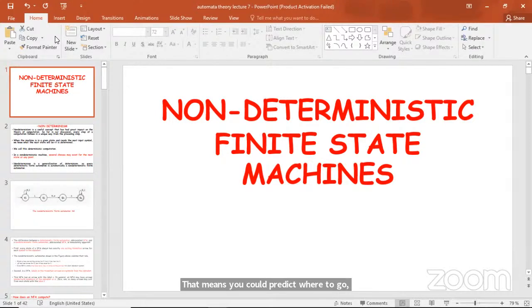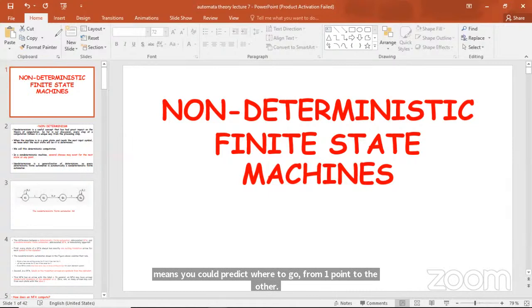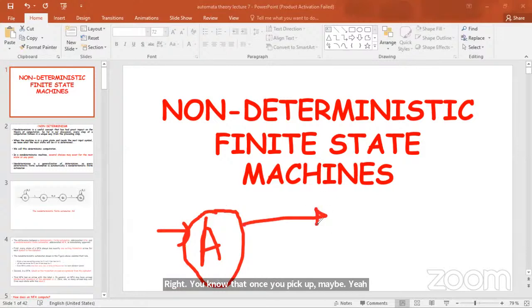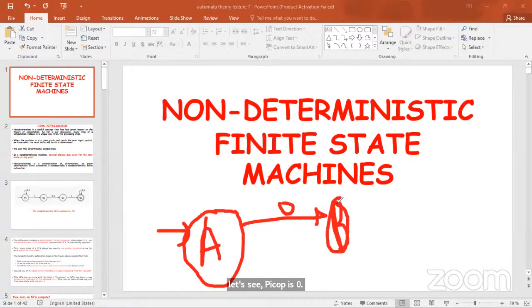Now you see, if you are in state A, right? You know that once you pick up an input, let's say you pick up a 0, you have to go to another state B, right?